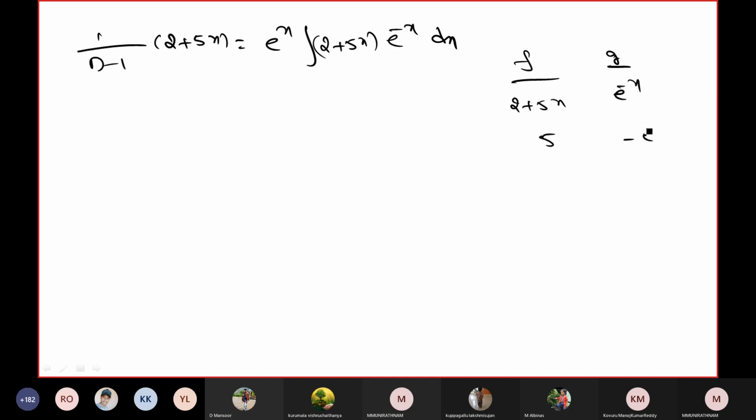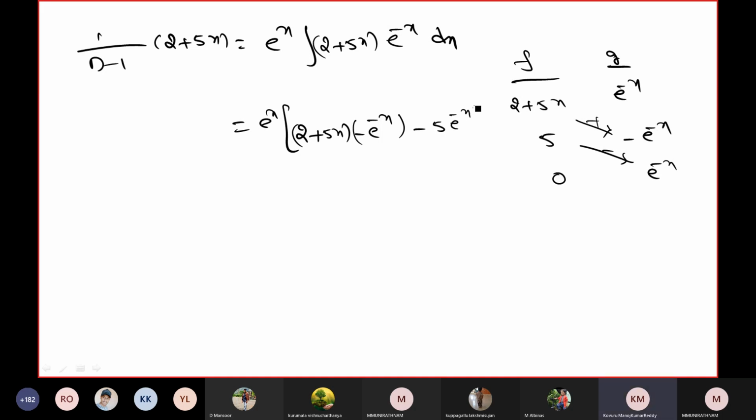The derivative is 5, minus e power minus x, 0 e power minus x. This is plus, this is minus. So this is e power x, 2 plus 5x into minus e power minus x, minus 5 e power minus x.